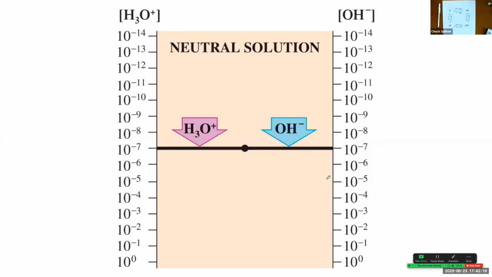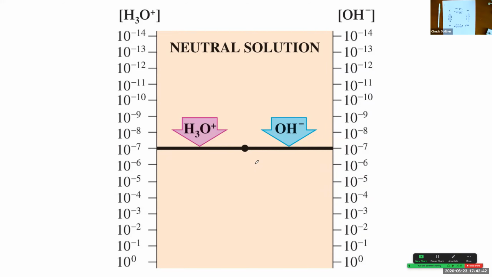So let's go on. Let's look at this pH scale. This is a scale that I sketched out previously. On the left is the hydrogen ion scale, the hydronium ion scale, and on the right is the hydroxide ion scale. And right in the middle is neutrality.